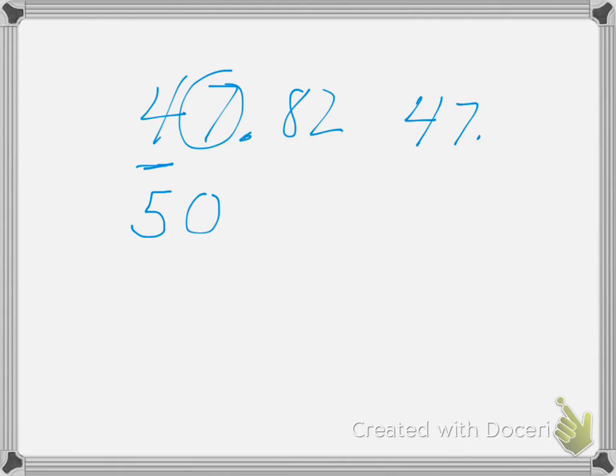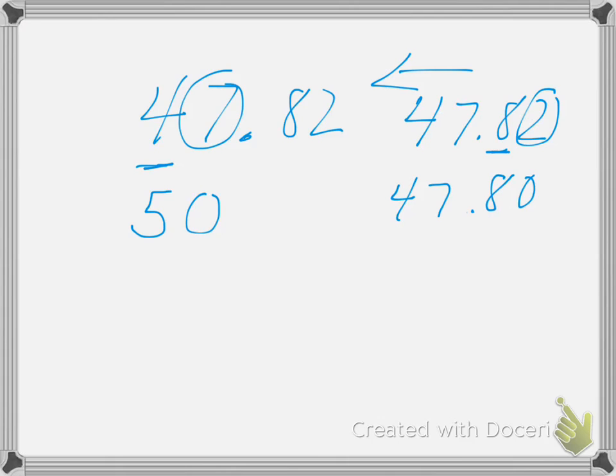If we had 47.82, they told us to round it to the nearest 10th. Then we'd look there. That's 82. That would round to 80. So everything on this side over here to the left stays the same. Anything after what we change becomes a 0. So these could all become zeros over here. Everything here is going to stay the same.